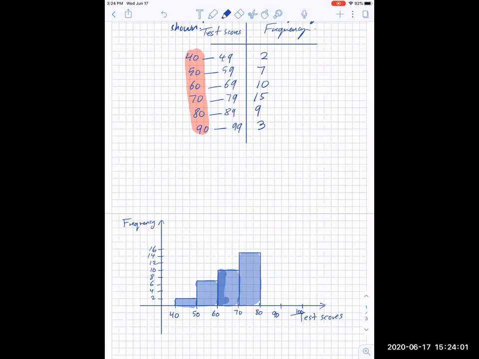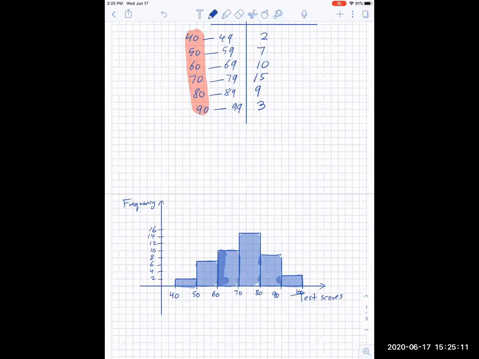And then 80 to 89, 9. And the last bar, frequency is 3. So this is our histogram.